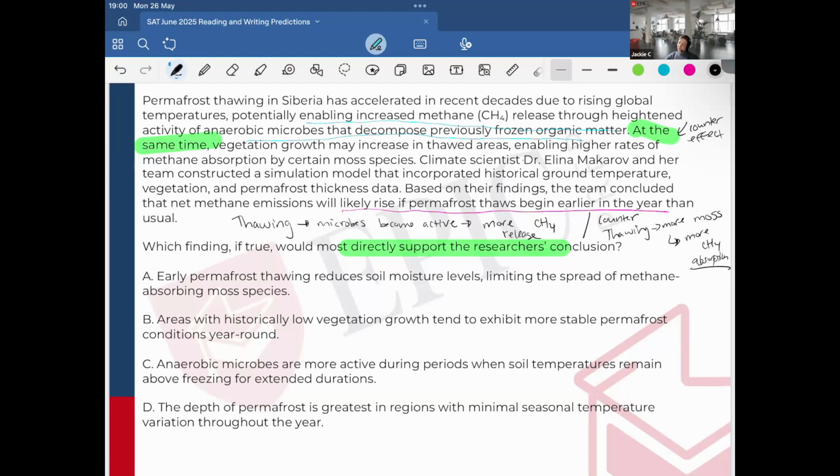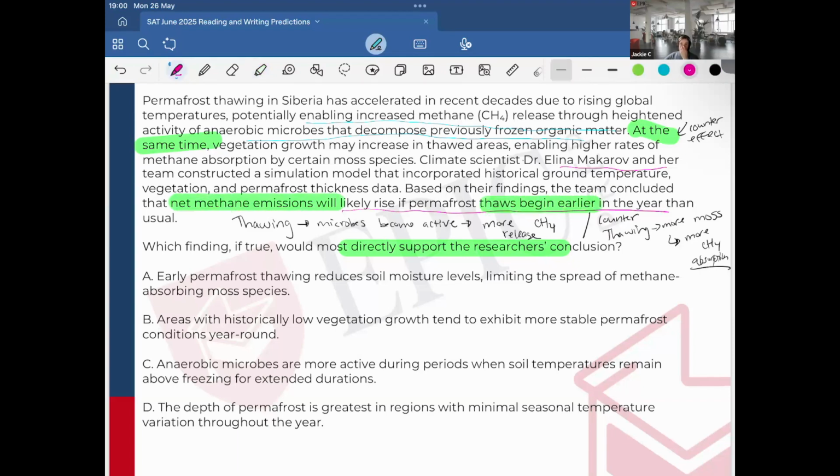Okay. And then it talks about what Dr. Makarov and her team constructed, basically modeling thaw, temperature, and vegetation. And she says that the earlier the thaw, the more net methane emission. Okay, so net methane emissions rise if the thaw begins earlier.